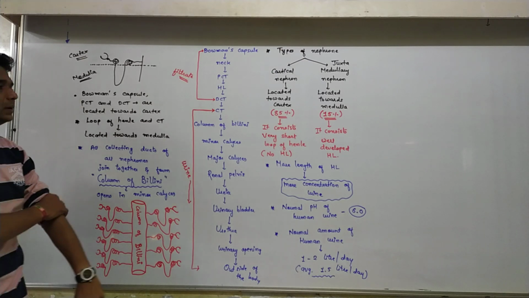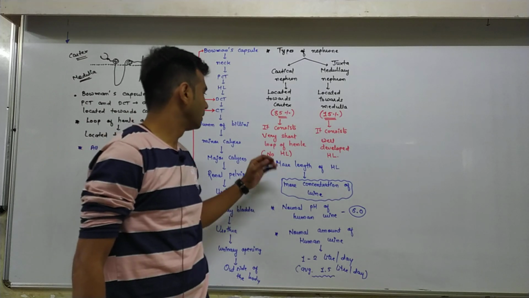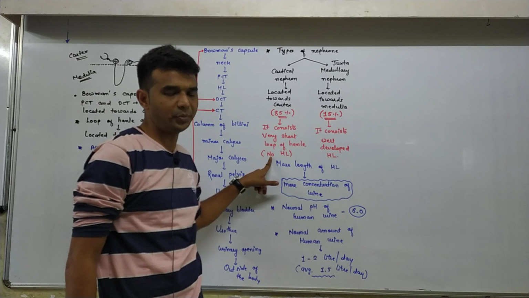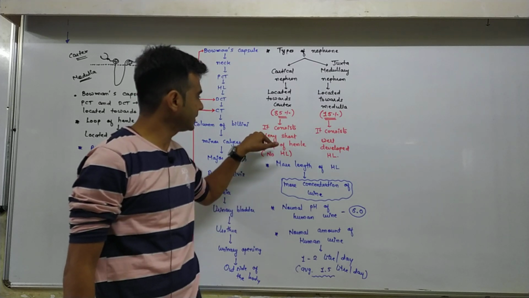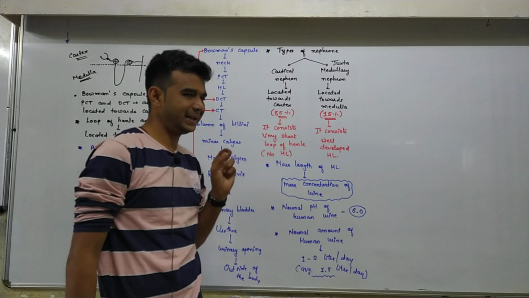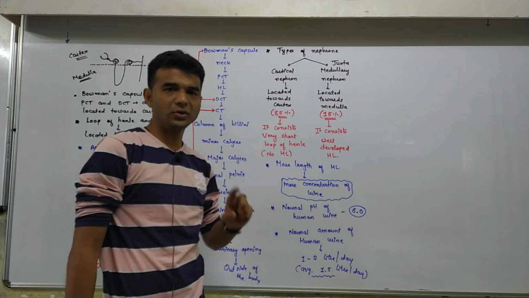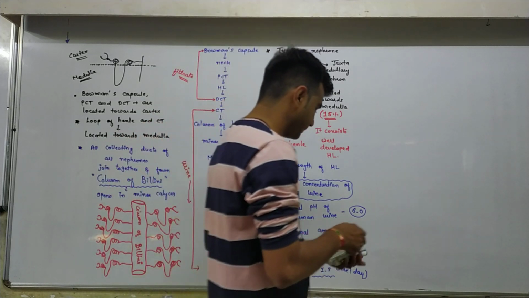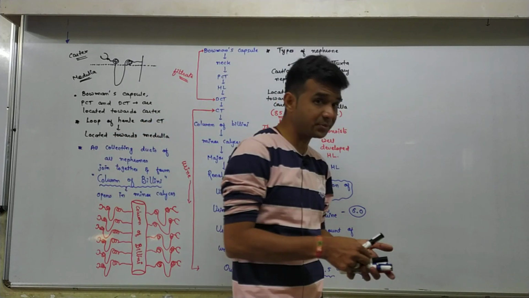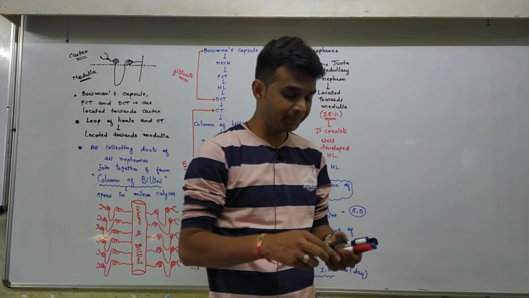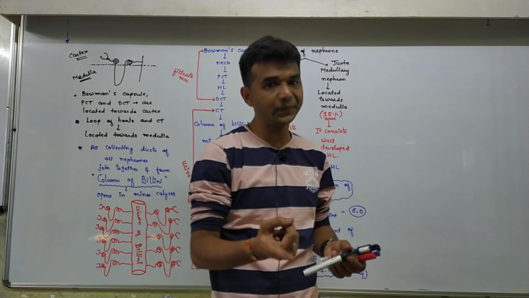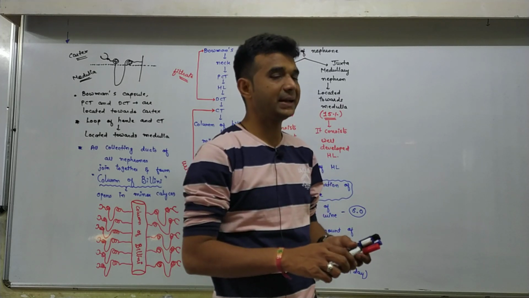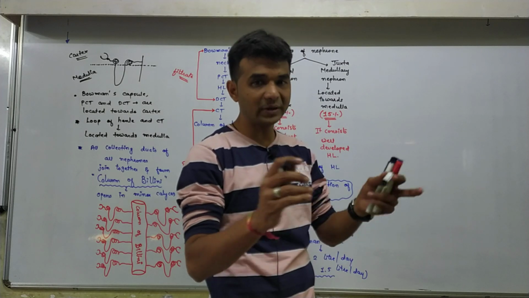See, very short loop of Henle, and no loop of Henle is there. So this indicates a very short length of vasa recta also. See, yesterday I told you what the difference is between vasa recta and loop of Henle. The loop of Henle is part of the nephron, and vasa recta is part of the circulatory network.